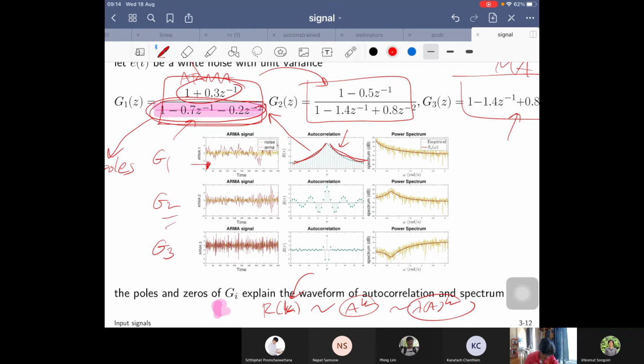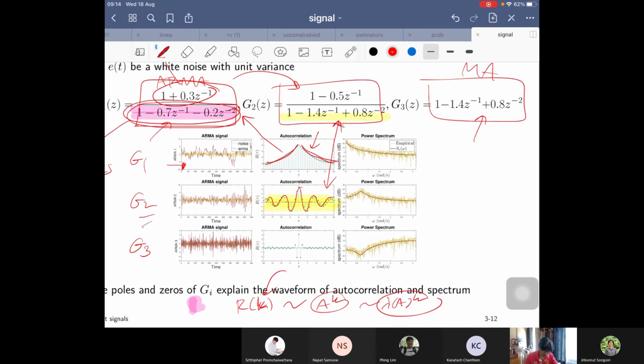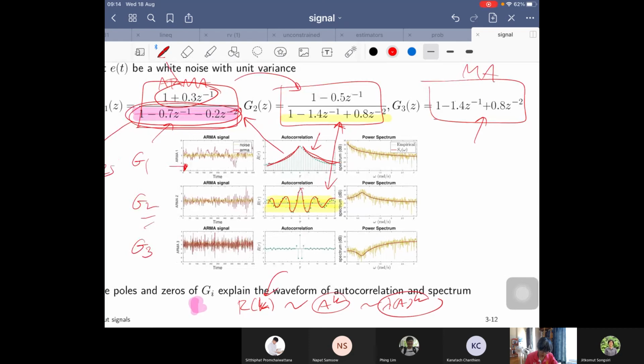For G2, of course, you see oscillation of the autocorrelation function. I want you to verify this from the roots of G2. And for G3, it contains a moving average term.